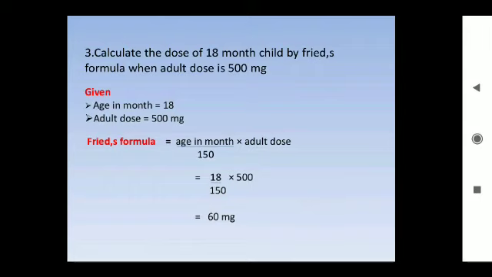In the problem, age is given in months, it is 18, and adult dose is 500 mg. Freed's formula: age in months divided by 150, into adult dose. 18 divided by 150 into 500 is equal to 60 mg. The dose for an 18 months child is 60 mg.